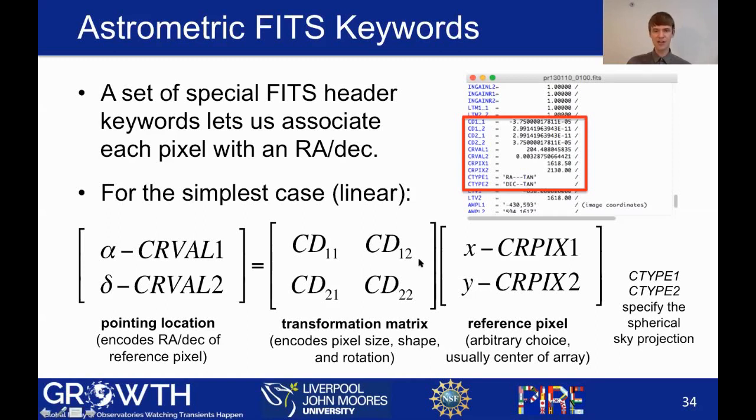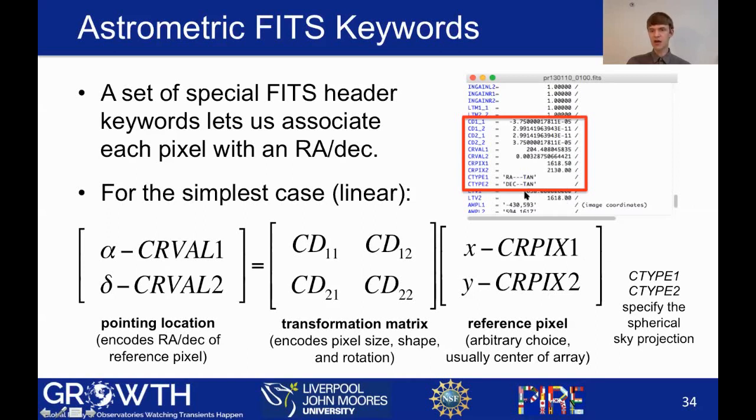The values that we have to solve for are the following 6 values. 4 of them are the transformation matrix, or the CD matrix, which encodes the size of each pixel in arcseconds, the shape of each pixel, whether it's square or perhaps a little bit rectangular, and the rotation of the field on the sky, whether it's oriented with north up or in some other orientation. Then there are 2 values which encode the pointing location, which is to say the right ascension and the declination of these reference pixels.